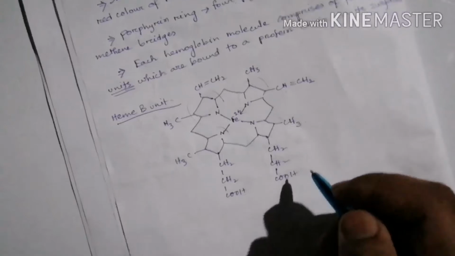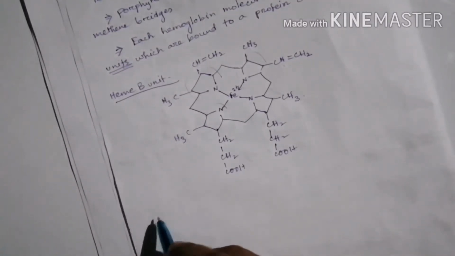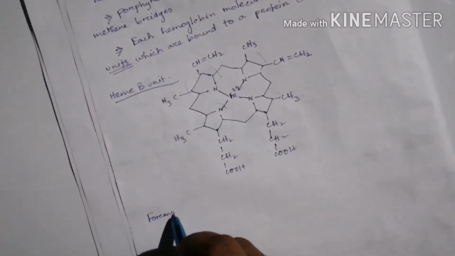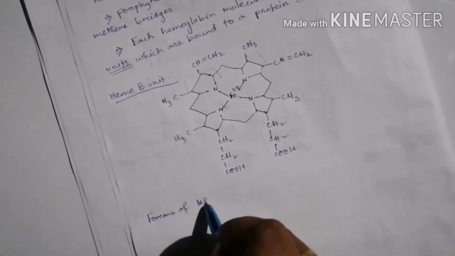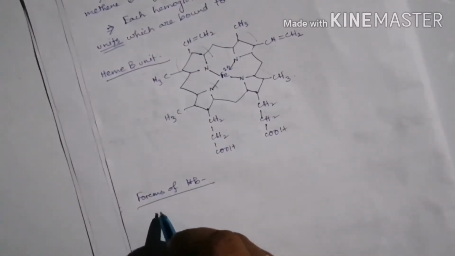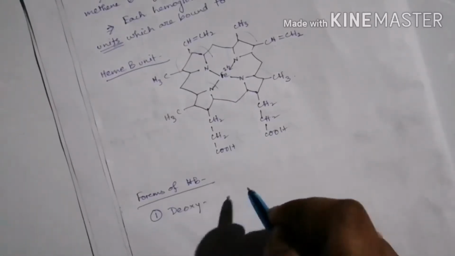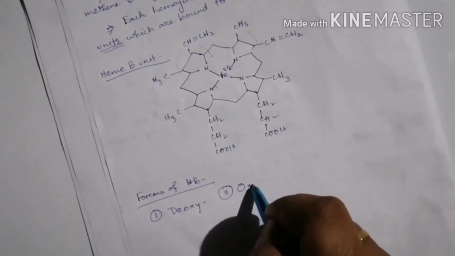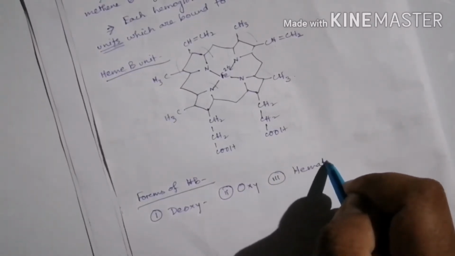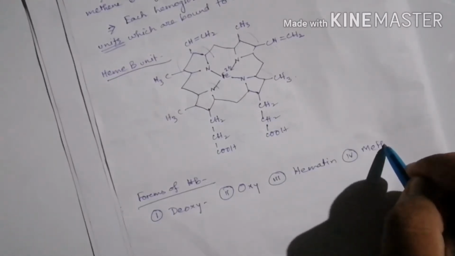Now, when you talk about the different forms of hemoglobin, we have various forms like the deoxy form, oxy form, then hematin, then methemoglobin.